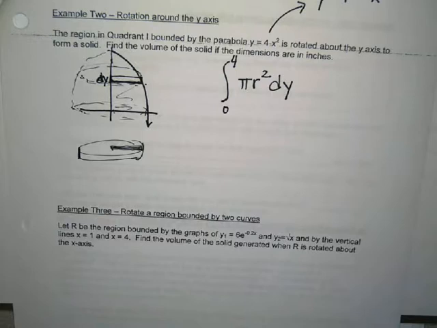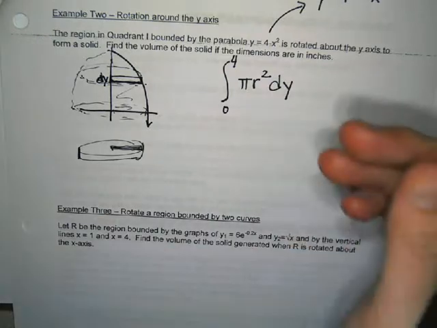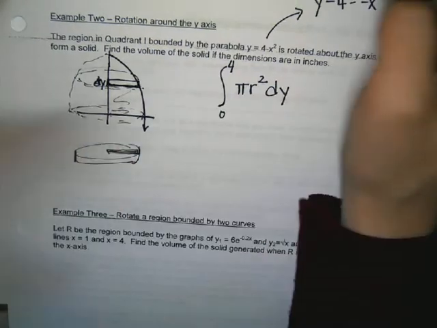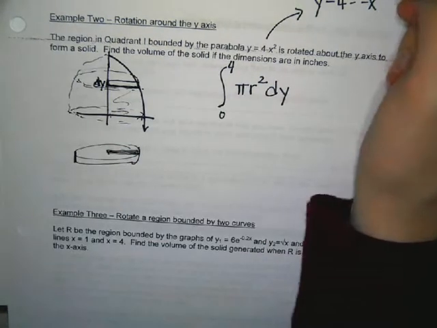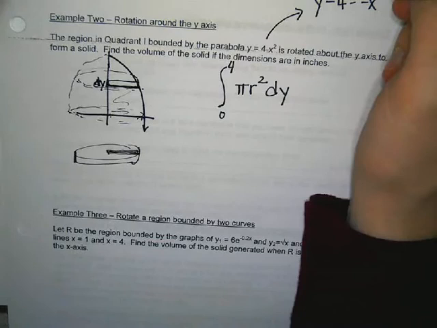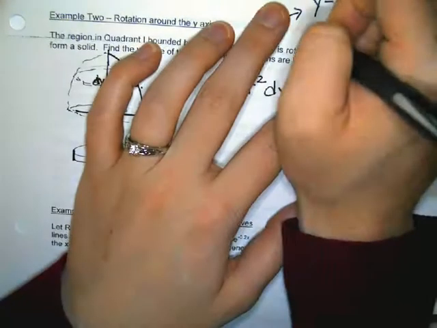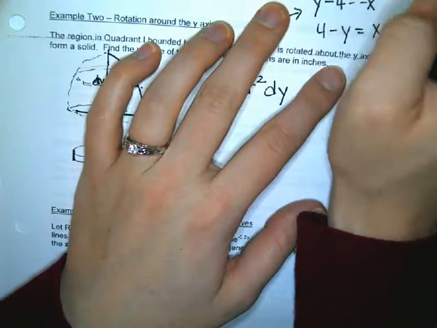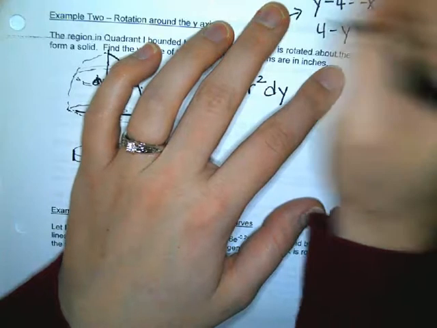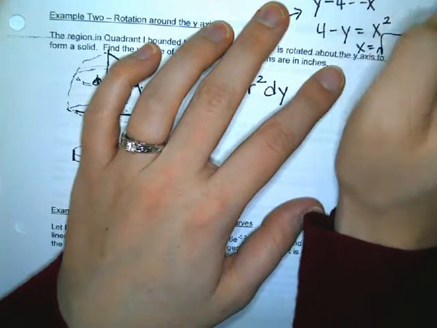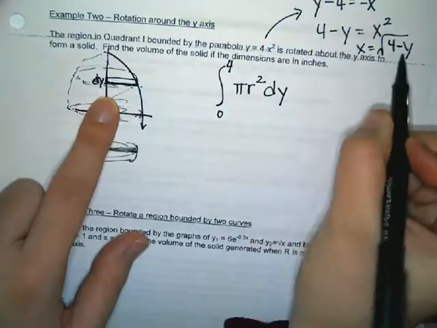Let me just make sure. Yep. Okay, yeah, I'm going to divide by a negative. So I get 4 minus y equals x squared, and then square root everything. So x would equal the square root of 4 minus y. It's the same function that's bounding it, but now it's written in terms of y.